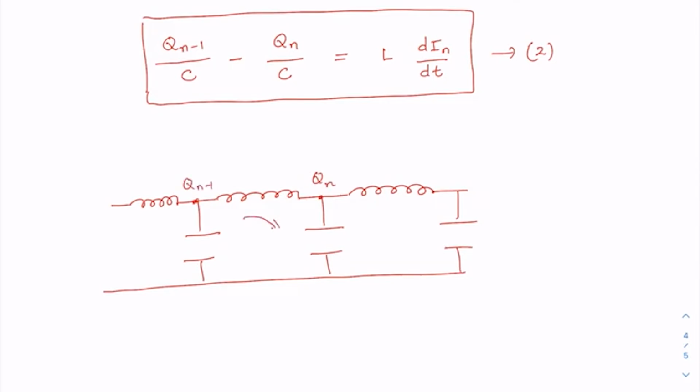Current is flowing towards the nth node, and here it is Qn plus 1. So this is In plus 1 and so on. This is In minus 1, the inductance is L, and the capacitance is C.